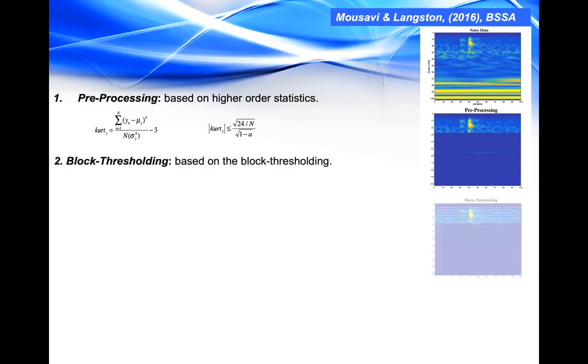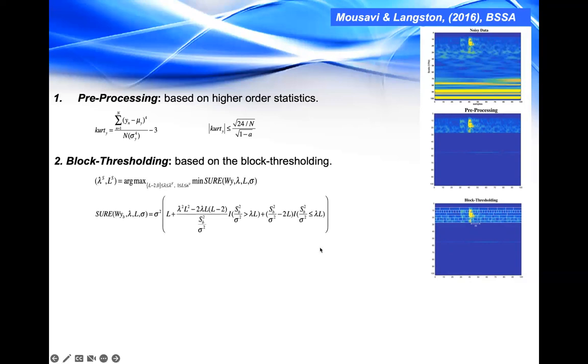In the next step, the remaining coefficients, which are a combination of noise and signal, are partitioned into several blocks. The optimal threshold value and the size of each of these blocks, which are very important for the performance of the algorithm, are defined automatically for each level by minimizing Stein's unbiased risk estimator.